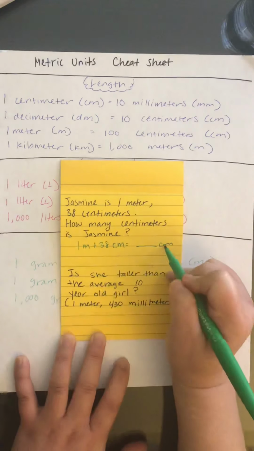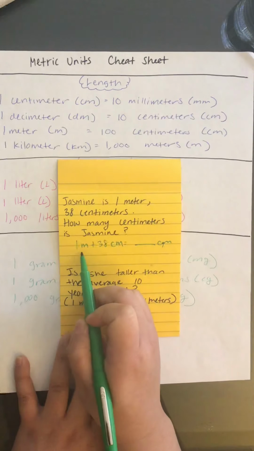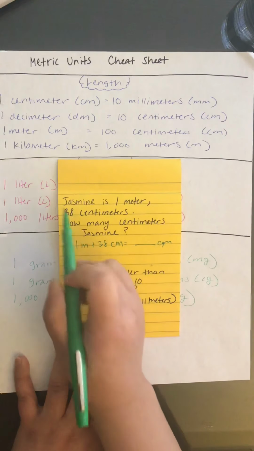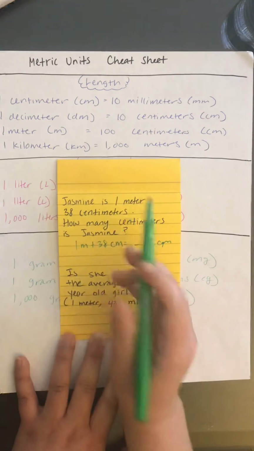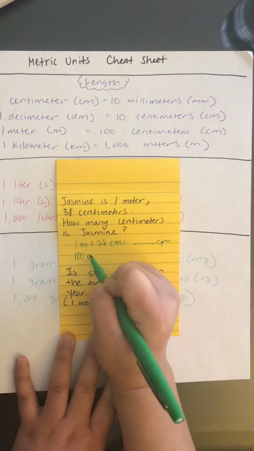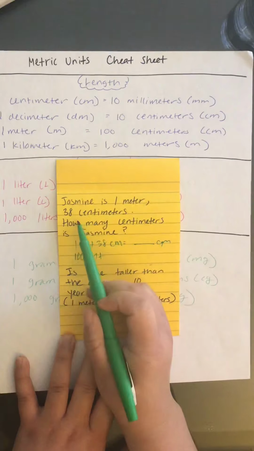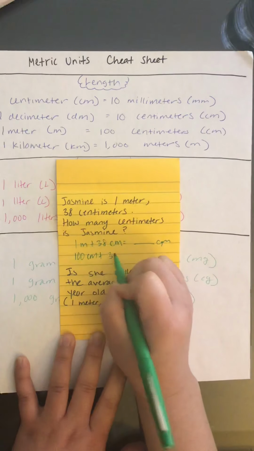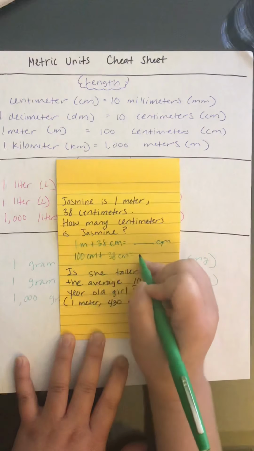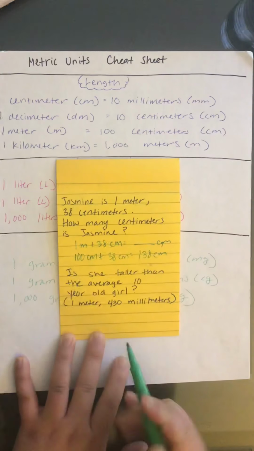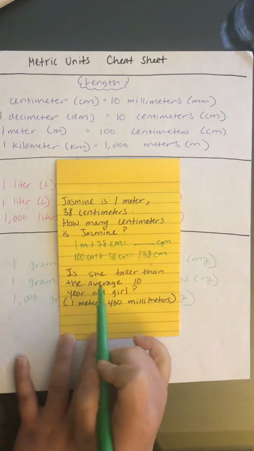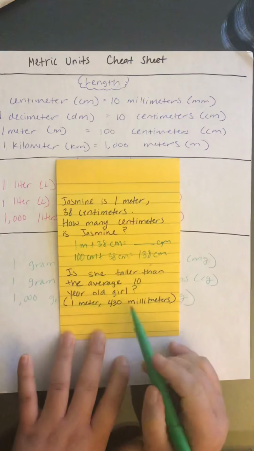So first, we have to figure out how many centimeters are in 1 meter. We're looking at our conversion chart. We know that 1 meter equals 100 centimeters, so I know that it's 100 centimeters. And luckily, they gave us already 38 centimeters, so all I need to do is add that up, and now I know that Jasmine is 138 centimeters. Here's the second part. Is she taller than the average 10-year-old girl?